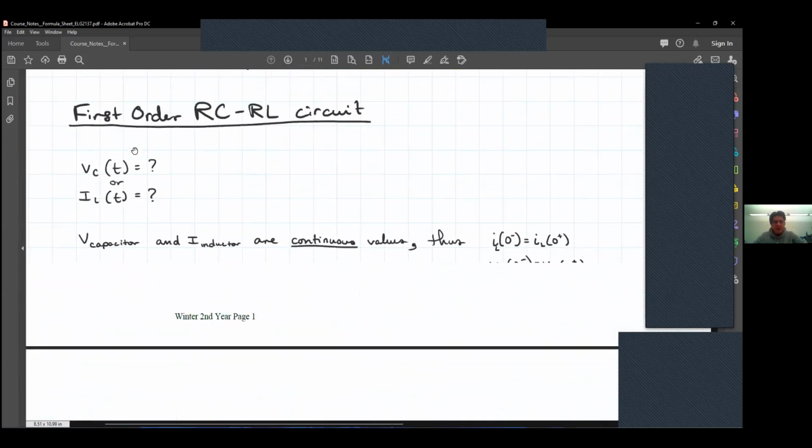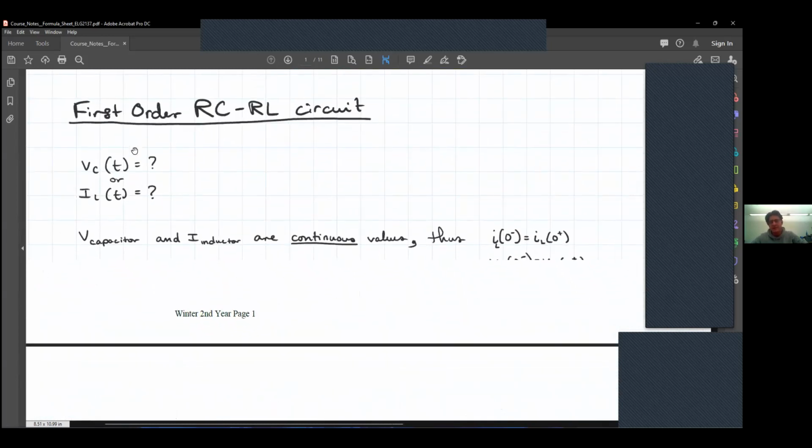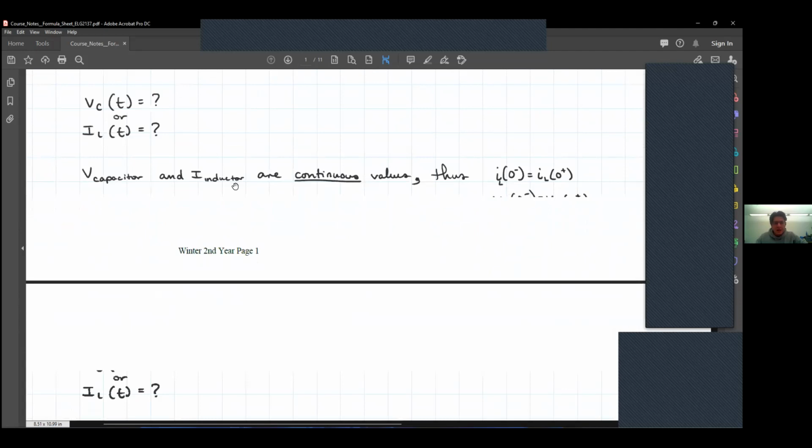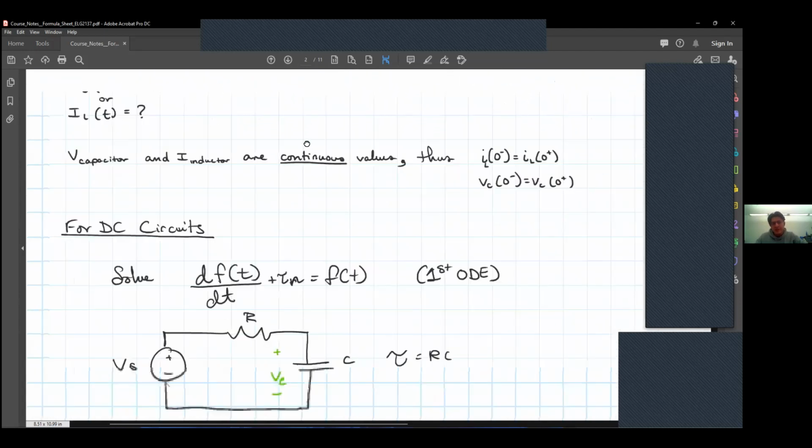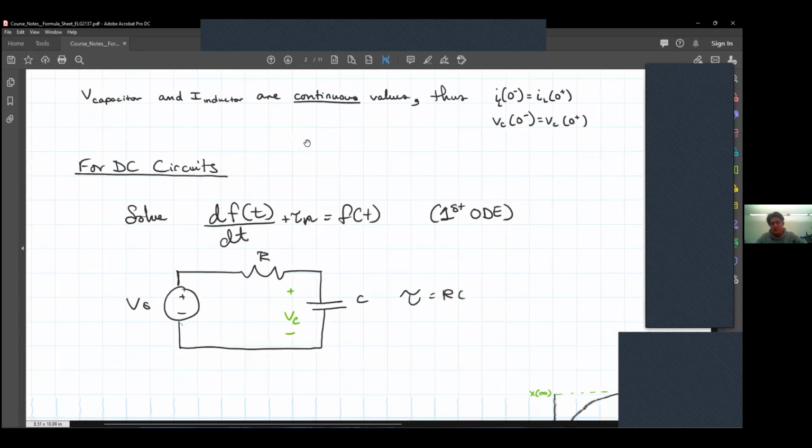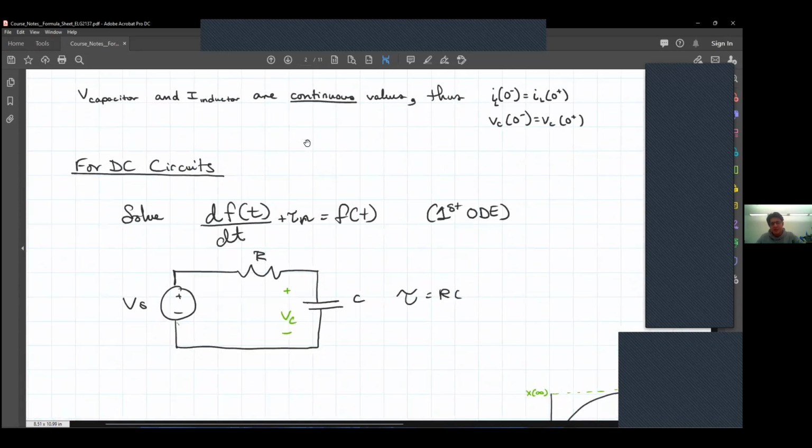Next topic to go over is first order circuits: RC, resistor capacitor, or RL, resistor inductor circuits. For these circuits, you have to remember some specific little nuances, specifically that the voltage of a capacitor and the current of an inductor are continuous.